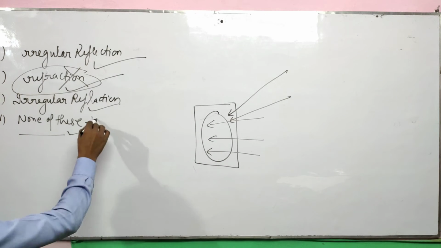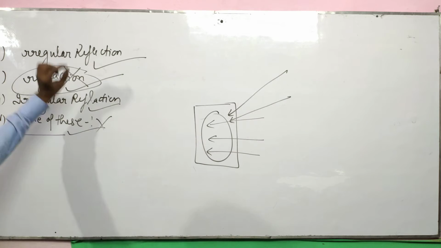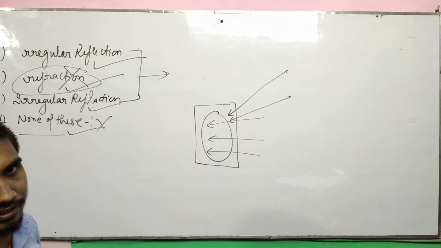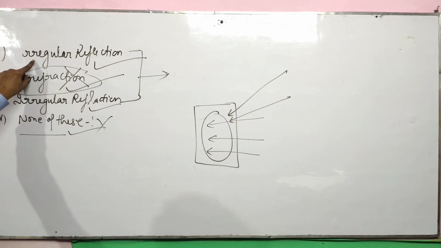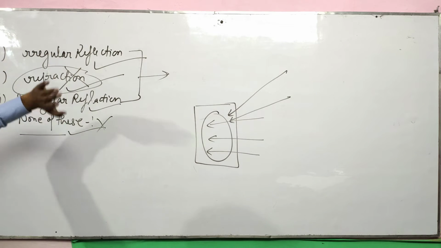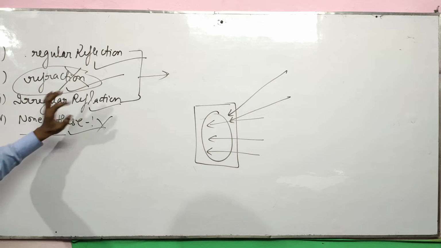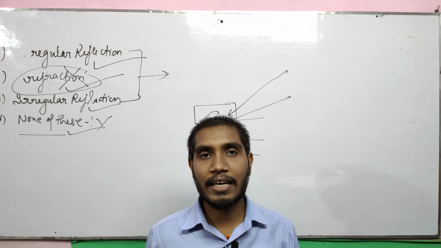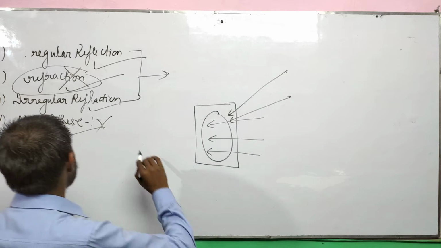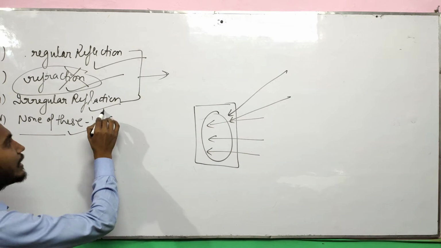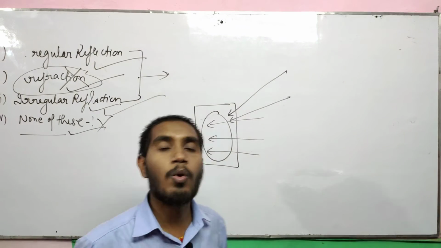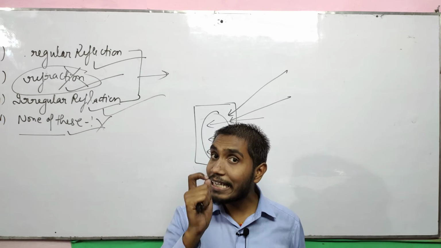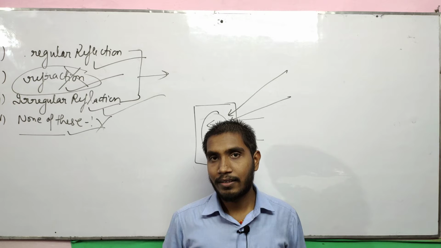So it is regular or irregular reflection. Actually, the correct answer is irregular reflection, because normally we can see any object by irregular reflection.